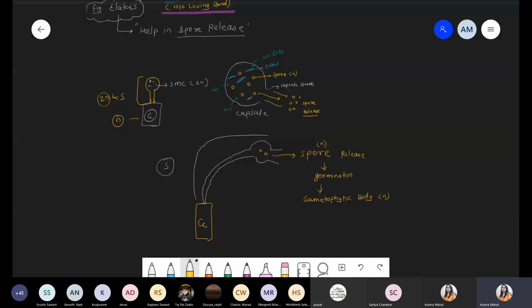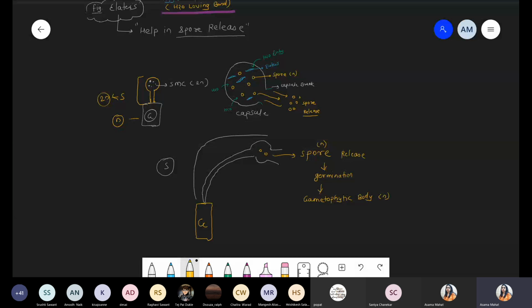Spores get released, and after the spores undergo the process of the gametophytic body, they produce the sex organ. But in this condition the mechanism is different, which we will see in detail, how they show the mechanism in case of Funaria, not now.